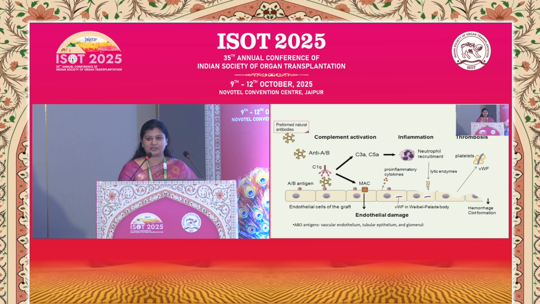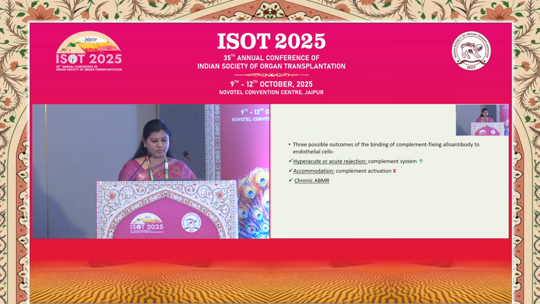We have the natural antibodies, that is anti-A and anti-B, and these then attack the antigens, the A and B antigens, which are located on the endothelium. This is the vascular endothelium or tubular epithelium, and these antigens can also be present on the glomeruli. As a result of this antigen antibody interaction, there is complement activation with a resultant vascular injury, giving rise to microhemorrhages and microthrombosis.